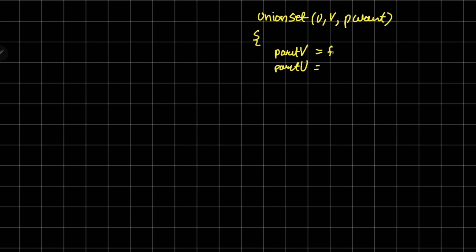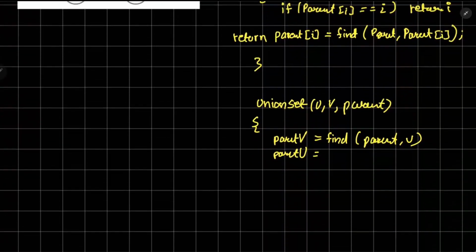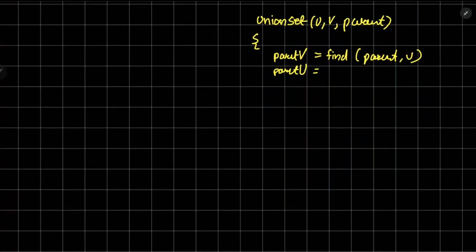We can find the parent by find, and we will find the parent of v. As in the find function, we have parent first, then the vertex. So find parent v, and for u we will say find parent and u.